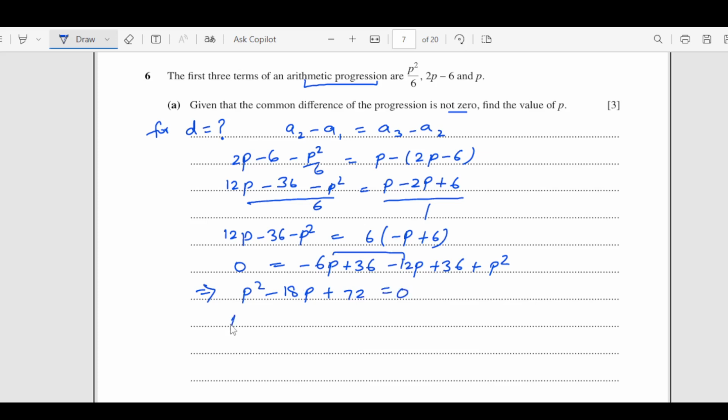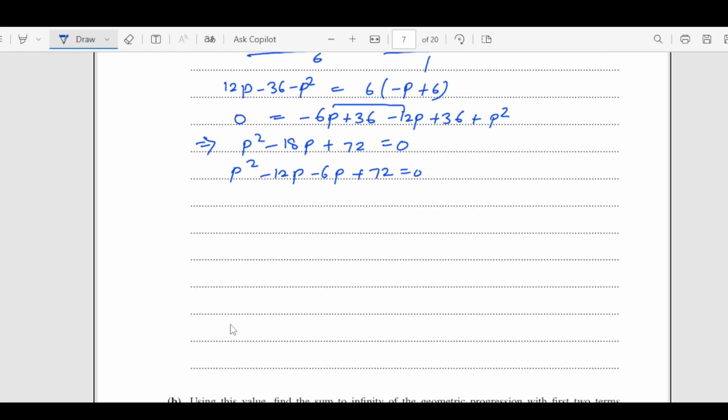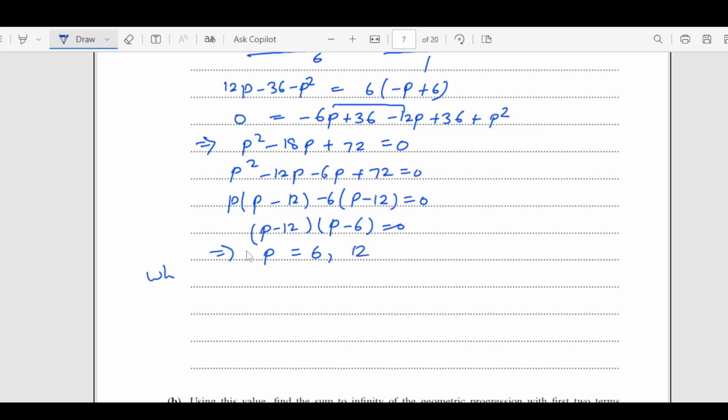Now again we can factorize p squared minus 12p minus 6p plus 72. Then we will have p minus 12, minus 6 common, p minus 12 equals 0. So p minus 12 and p minus 6. So from here we have either p is equal to 6 or p is equal to 12. Now let's check when p is 6, what will be the common difference?